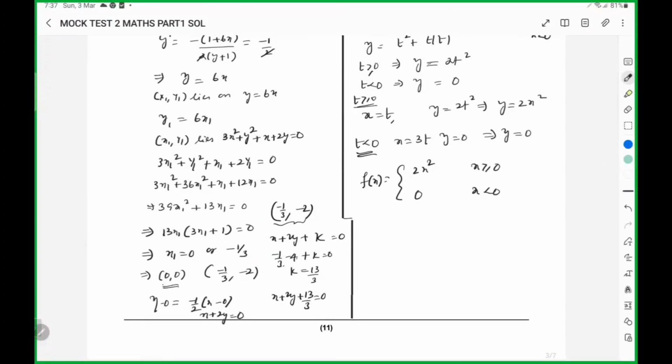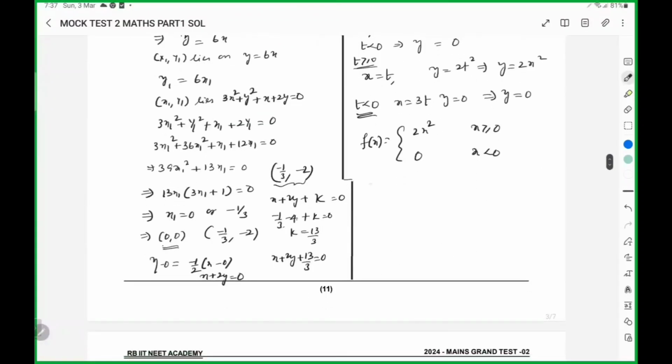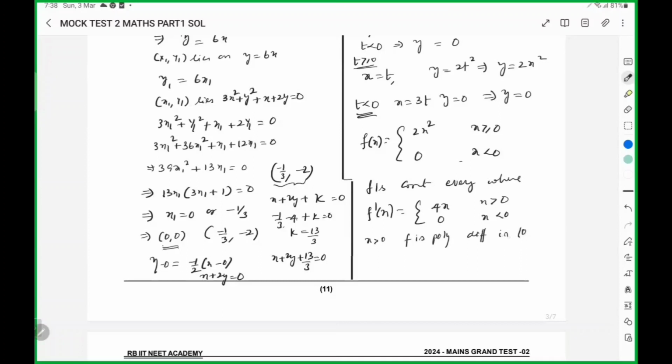So it's a polynomial function, so continuous everywhere. At 0 also, left limit 0, right limit 0. So f is continuous everywhere. F dash x, if you take, 4x for x greater than 0, f is polynomial, differentiable in 0 to infinity.